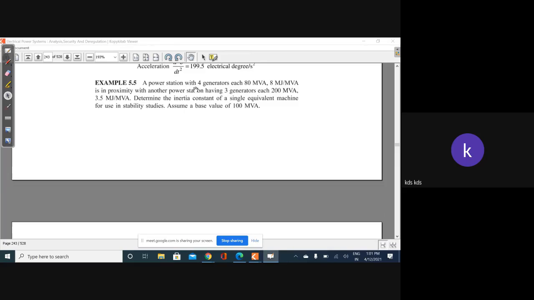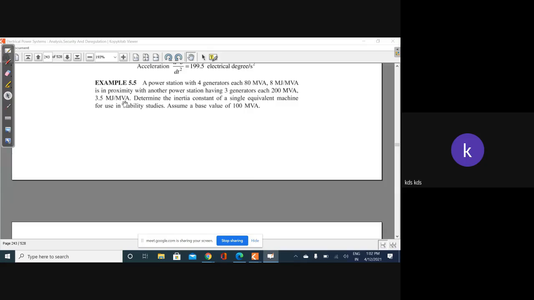We have a power station with 4 generators, each with an 80 MVA rating and 8 megajoule per MVA as its inertia constant. Another power station has 3 generators, each with a 200 MVA rating and 3.5 megajoule per MVA inertia constant.